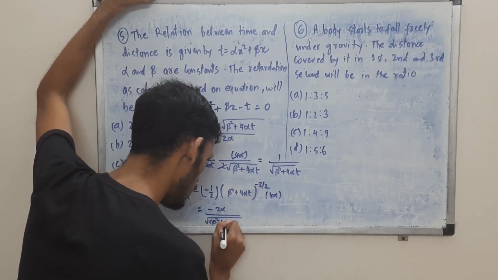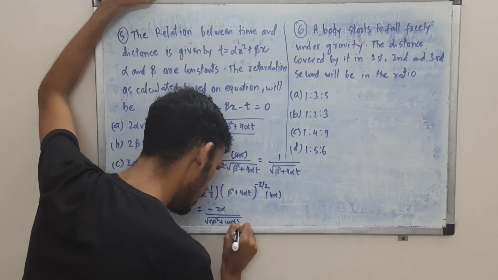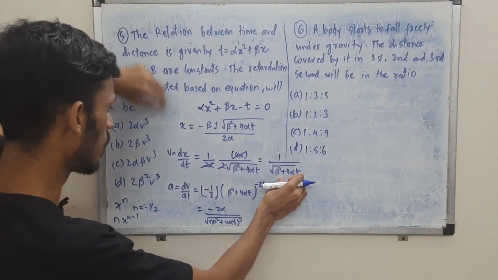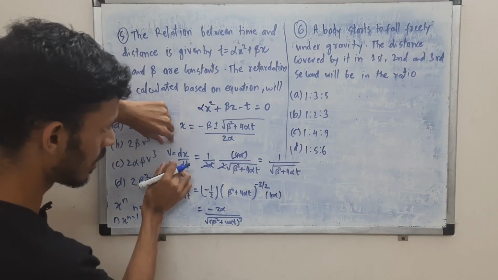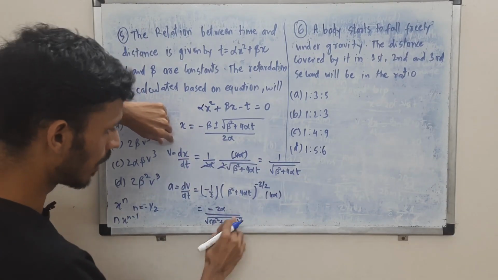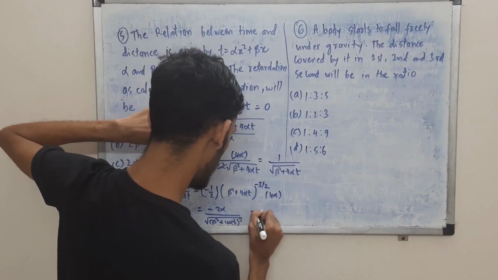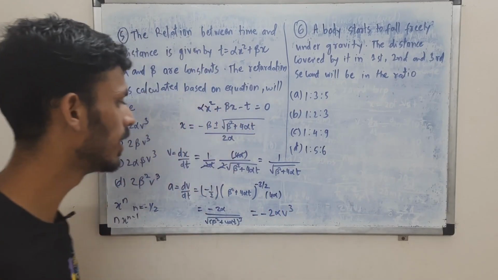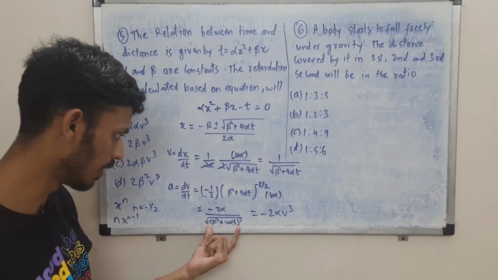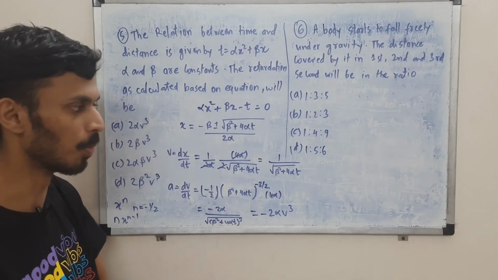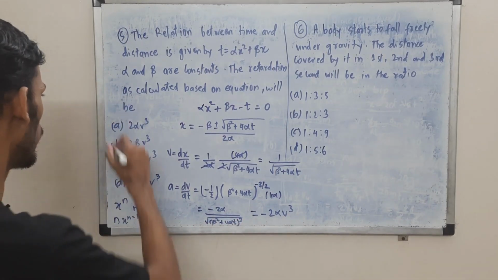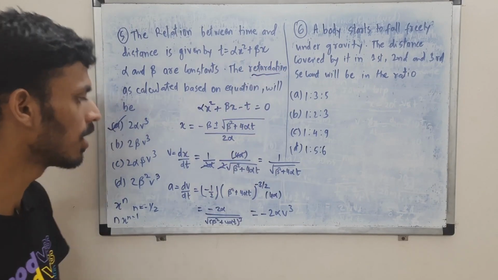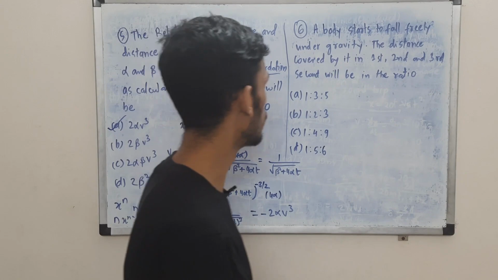So this is nothing but v cube, because this is v, right? So this is minus 2 alpha v cube. So minus sign is dropped. We are told that it is retardation. So yeah, that is the value.